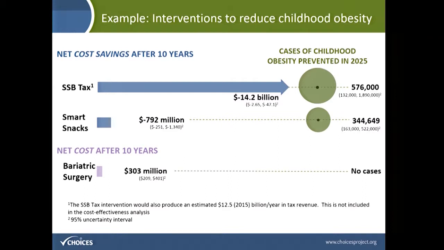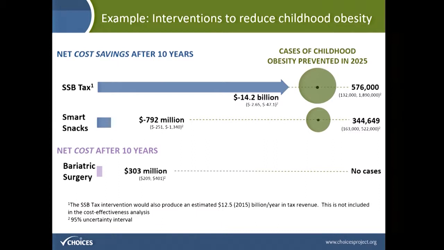But the other thing about it is not that many adolescents with severe obesity get the procedure in a given year. It's just a couple per thousand. So there's big effect, but the kids have very severe obesity to begin with, not a large reach at the intervention. It's fairly costly relative to other interventions, and so it has no impact on cases of obesity.